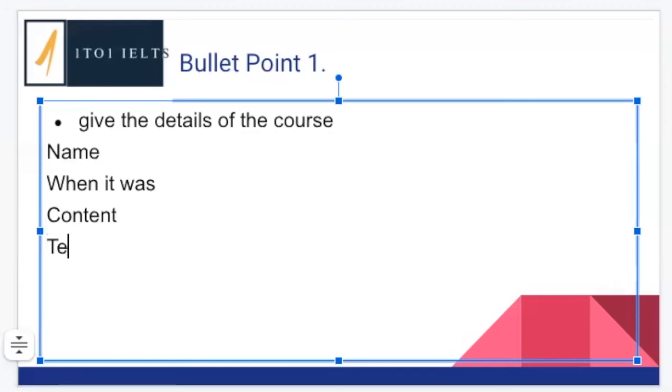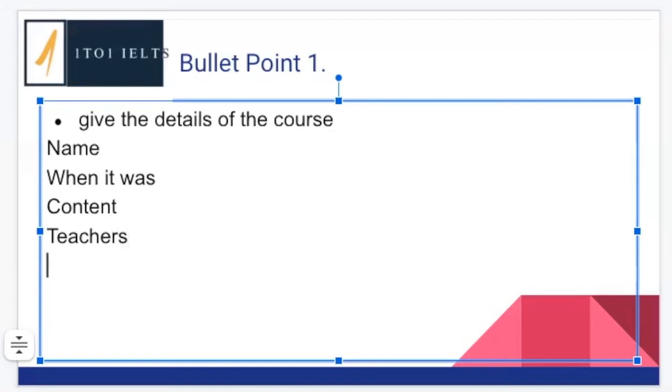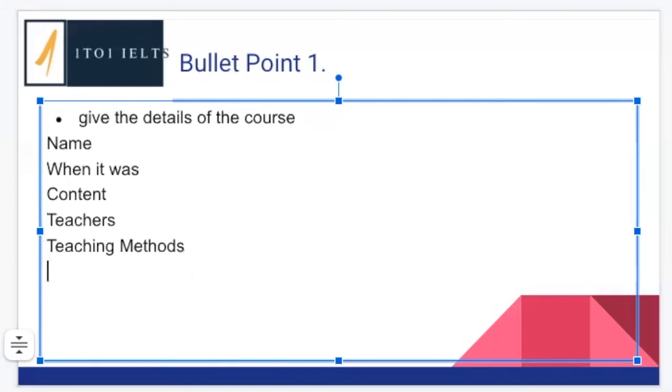You know, that's what I was thinking. Yeah, teachers. Teaching methods, possibly, yeah. Great, Lucy was saying number of attendees, yeah. Oh, number of students.